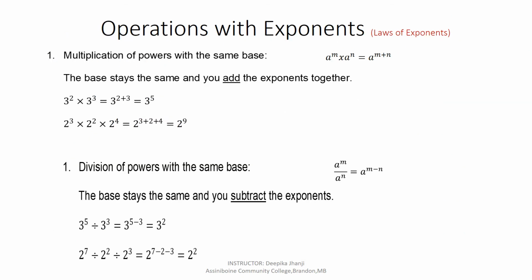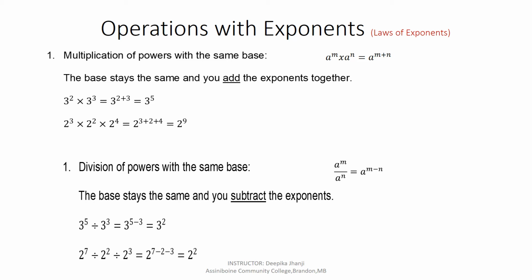Again, next comes laws of exponents. There are many laws of exponents, but we'll go one by one. Let's consider the very first law: how to multiply the powers with the same base. This is the first law, where it says if we have the same base, we can add the powers. Let's consider one example here.